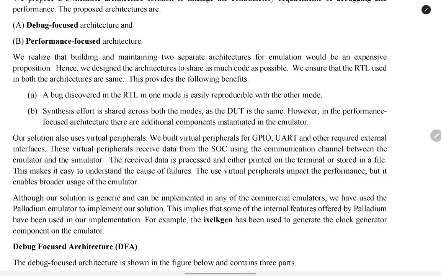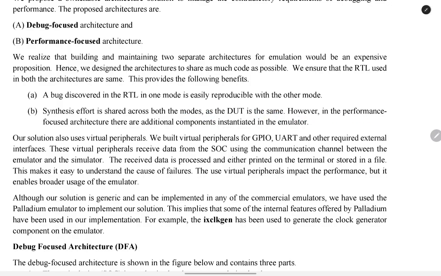Hence, we designed the architecture to share as much code as possible, so we ensure that the RTL used in both architectures is the same. This provides the following benefits. A. A bug discovered in the RTL in one mode is easily reproducible in the other mode. B. Synthesis effort is shared for both modes as the DUT is the same.